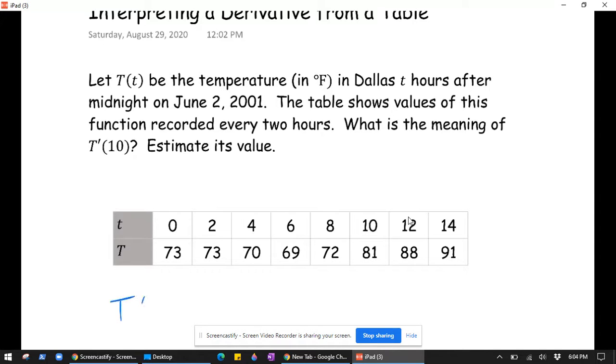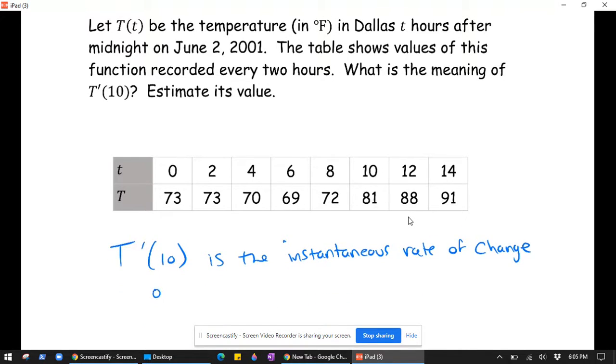So first, let's just describe the meaning of T prime of 10. So T prime of 10 is an instantaneous rate of change at time 10. This is the instantaneous rate of change of temperature in Dallas.